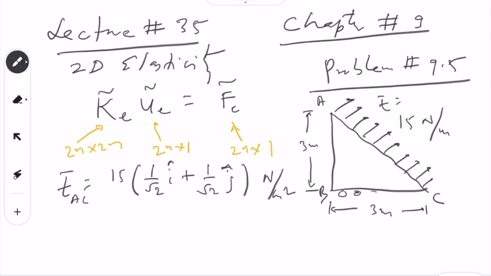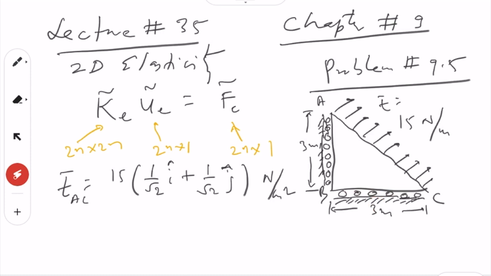It says it is a roller here, meaning it will take load vertically only, it will not take any force in the horizontal direction. Similarly, we have a roller here. That means there will be a reaction in the horizontal direction here, and a reaction in the vertical direction here.